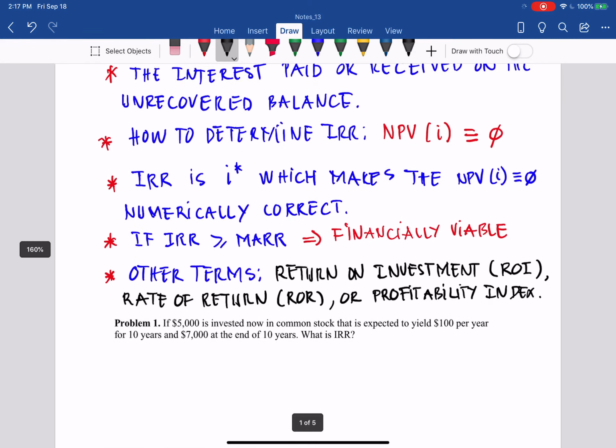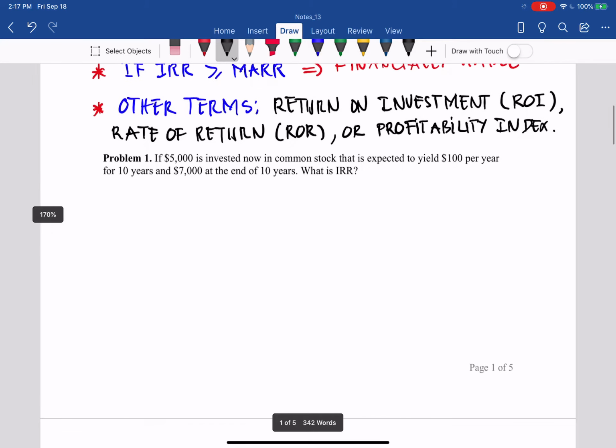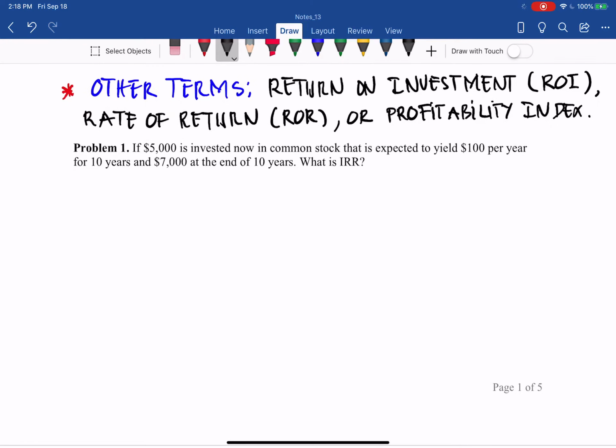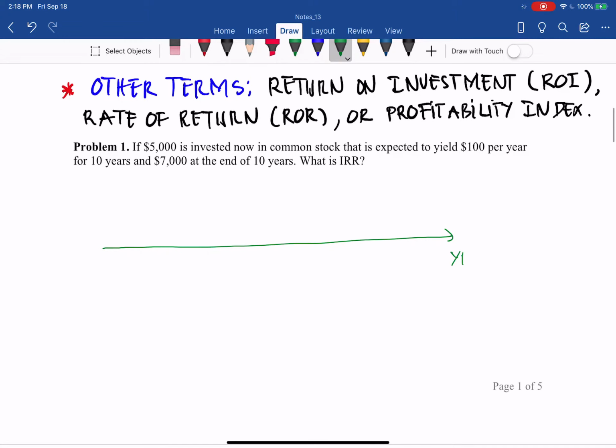So let's apply one problem here to find the IRR. If 5,000 is invested now in common stock, let's draw the cash flow diagram. 5,000 invested now, so it's going down 5,000.